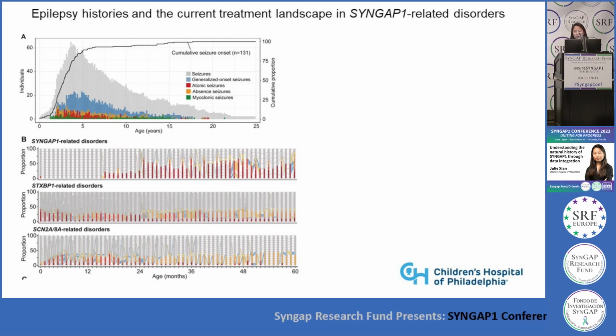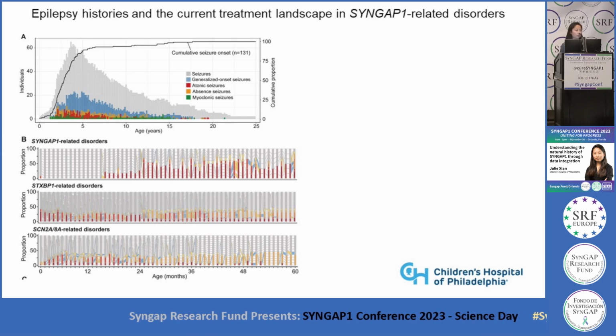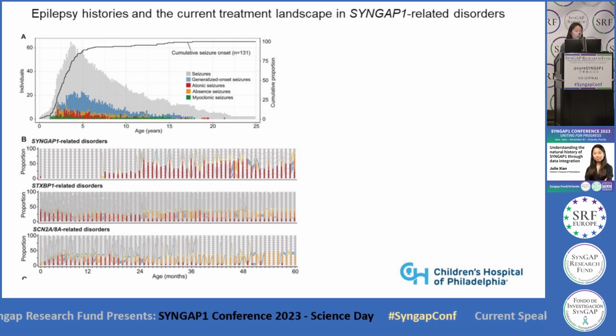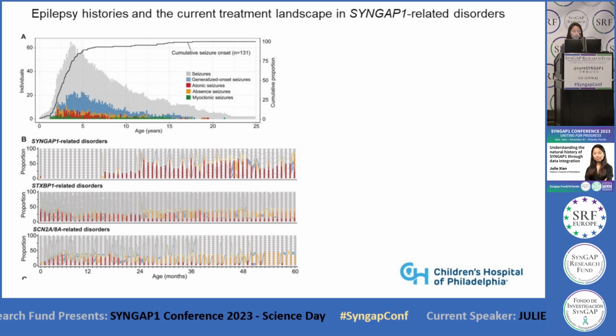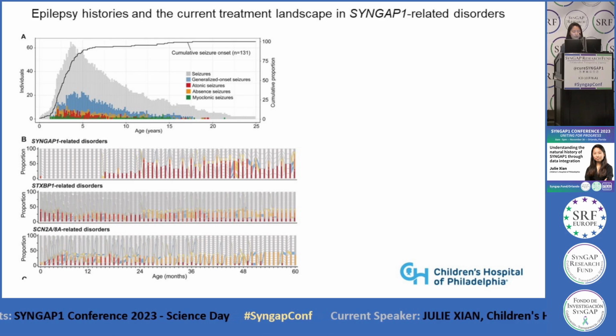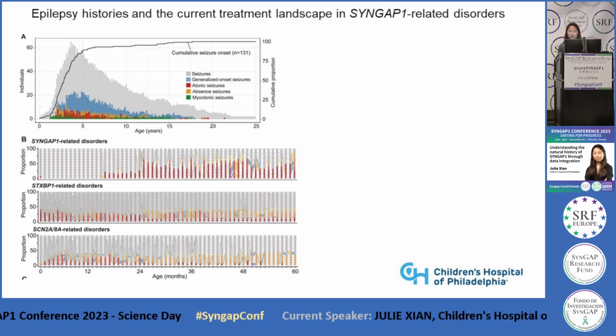But can we be more granular? Here, we're looking at citizen data as well as our internal CHOP data. Can we reconstruct epilepsy histories with more precision? On the top, we're looking at cumulative seizure onset, as well as a breakdown of seizure types. On the bottom, we're looking at the interplay between seizures, looking at specific seizure types as well as seizure frequencies.